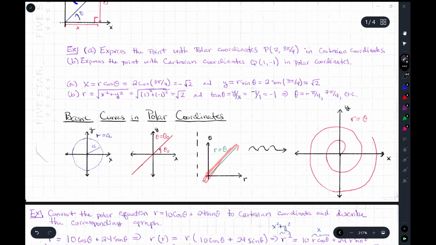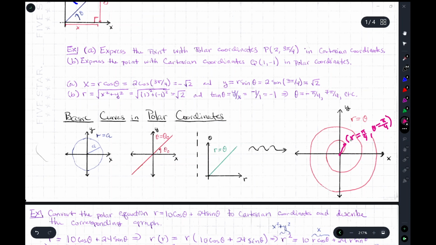Well, r equals theta. How does that look when we want to consider that relation in the xy plane? Well, you're saying that r is theta, so right at theta equals 0, you get r equals 0, so you're right at that point. Then say you get to theta equals pi over 4. Well, here then would be the point r equals pi over 4 and theta equals pi over 4.